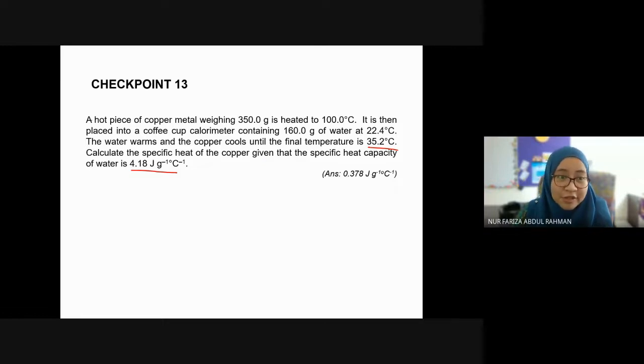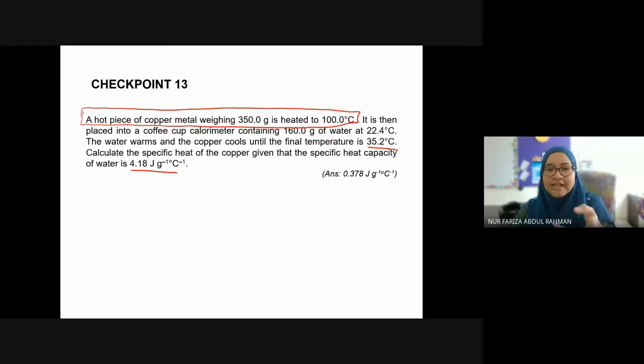Tapi kalau we are talking about this statement dekat atas ni, this is just to highlight to you guys that sepatutnya bila you go through the question, you boleh identify, oh, this is an endothermic process, this is an exothermic process. Okay, alright, so this part right here is an endothermic process for the copper metal. A hot piece of copper metal is heated to 100 degrees Celsius.